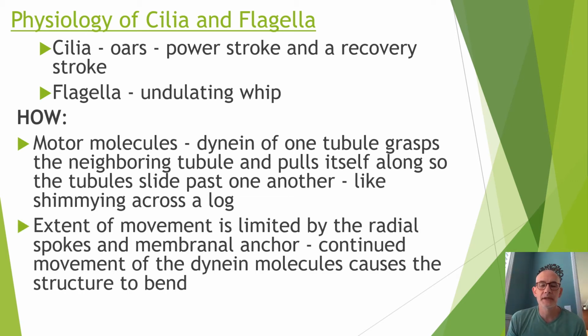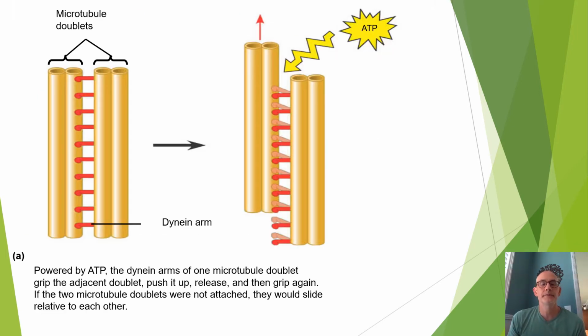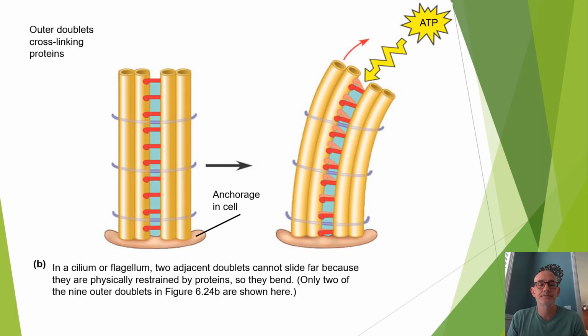There are some complicated videos online if you want to look those up. But you can see how molecules kind of grab it and move it. This is also basically the same process of how muscle contraction works, which we will get into in depth. It is one molecule grabbing another and sliding it past itself.